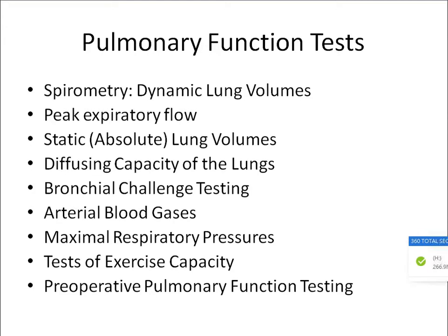Peak expiratory flow. Okay. Static or absolute lung volumes. Static lung volumes are expiratory reserve volume, residual volume. So these are static lung volumes. Then diffusion capacity of lungs, bronchial challenge testing, arterial blood gas analysis.